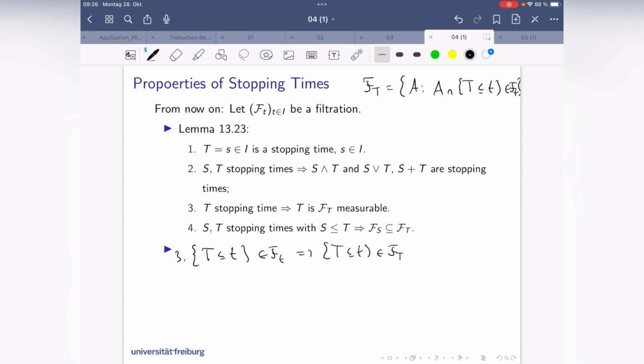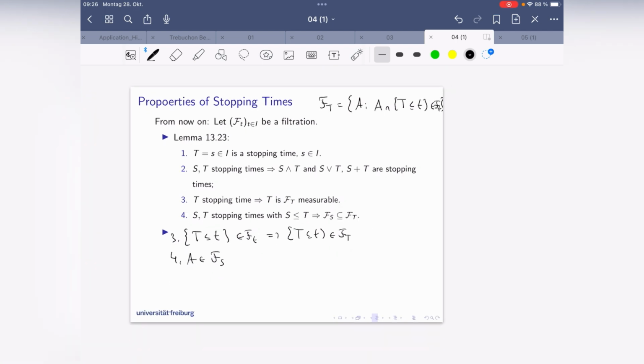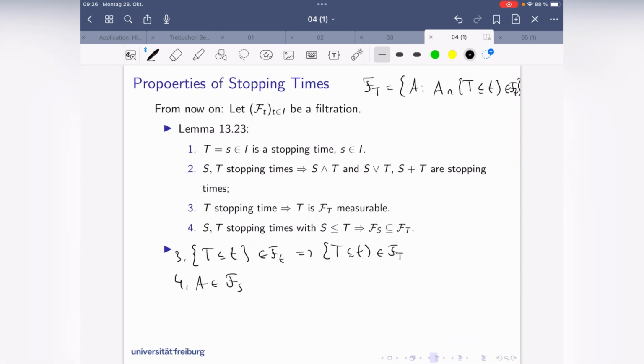So I take some set A in F big S and some small t in I. I know that the set B, which is defined by A intersected with big S smaller or equal than t, is in Ft. Why is that? So that's the defining property of F big S to be exact. So A is in F big S exactly if this here holds. That means this set here is in Ft, and that's exactly what I write down here.